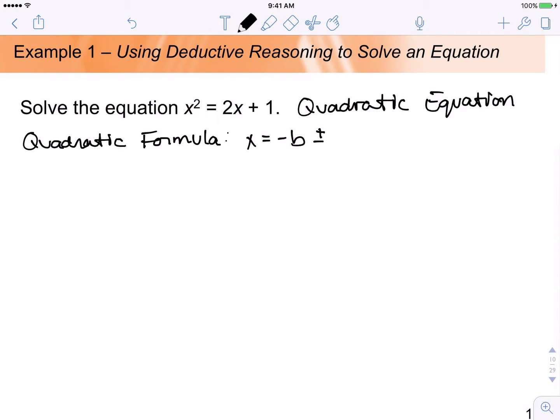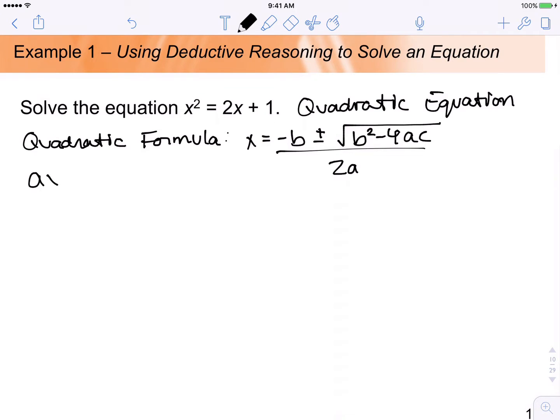Opposite of b plus or minus the square root of b squared minus 4ac all over 2a. So where do we get the a's, b's, and c's from? Well, it's from our original equation.